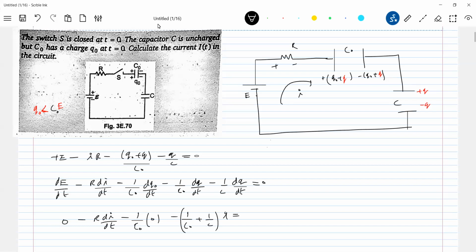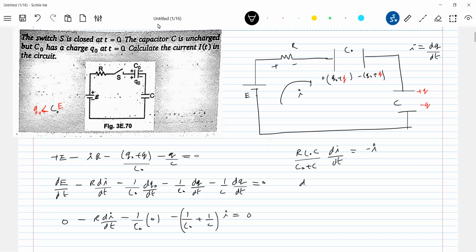I write I, because all this current is due to the rate of flow of charge. So this will be R di by dt equals minus I times C naught C by C naught plus C, right?